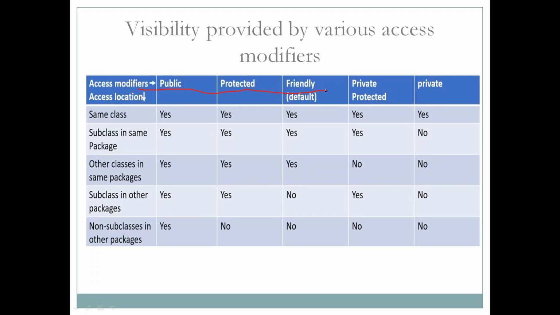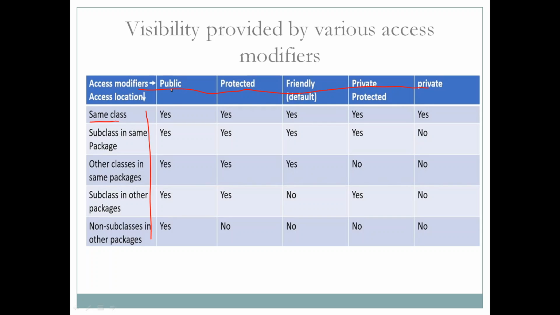These are all the access modifiers which we have studied: public, protected, friendly, private protected, private. And in the first column, all these are the locations where the fields are accessed: the same class, subclass in the same package, that is in the same folder, other classes in the same package, subclasses in other package, non-subclasses in other package.